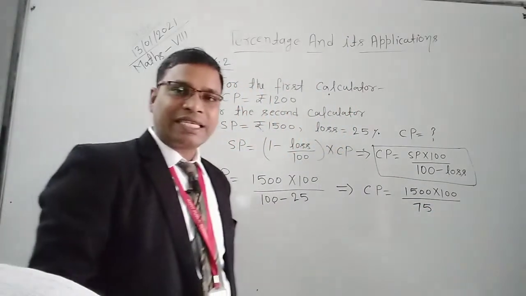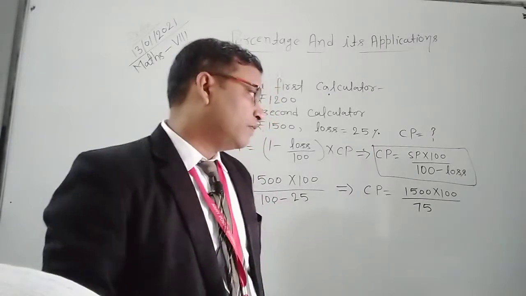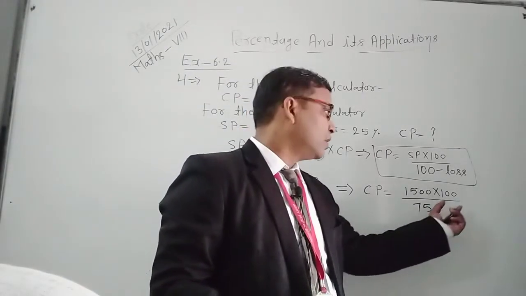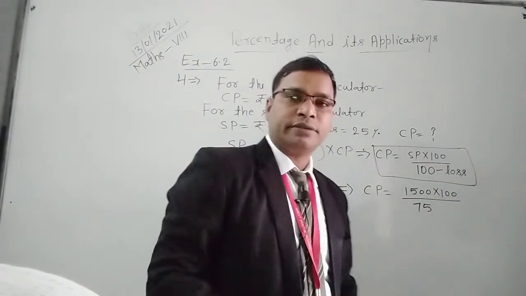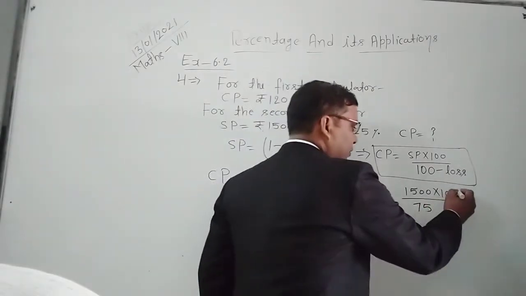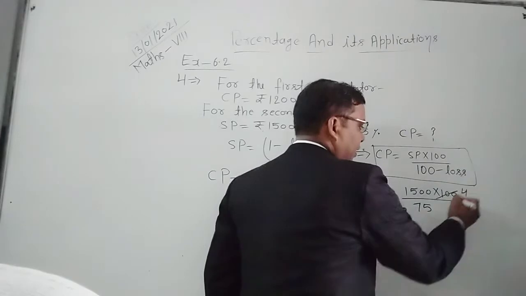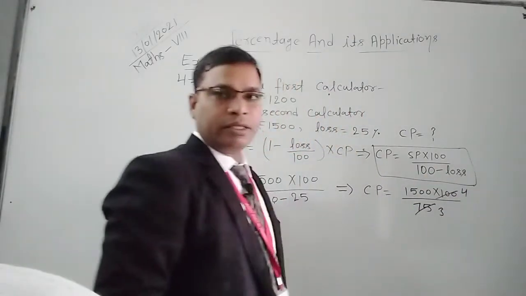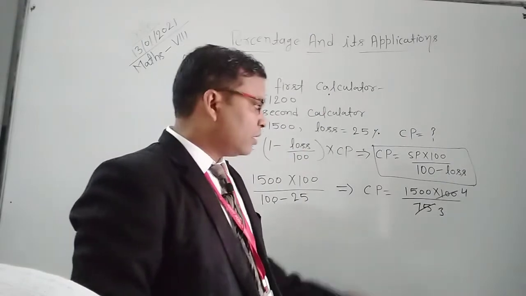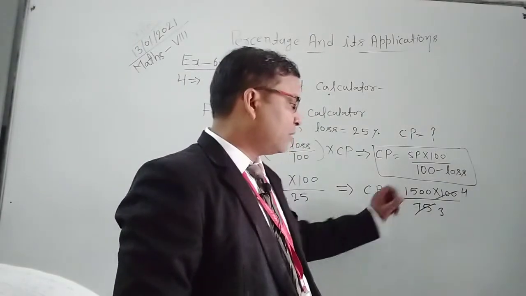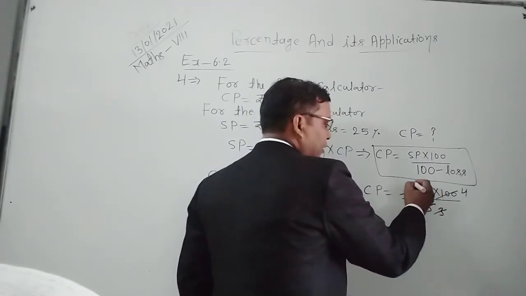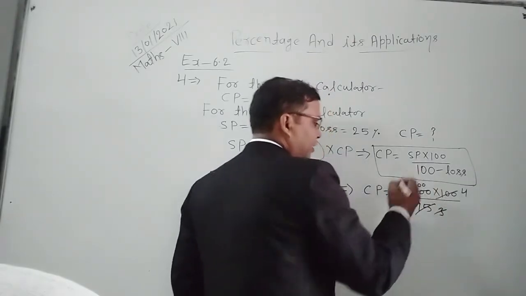Again, we can cancel it. 25 into 3 is 75 and 25 into 4 is 100. Now 3 into 5 is 15. If you cancel this by 3, then you get 500.